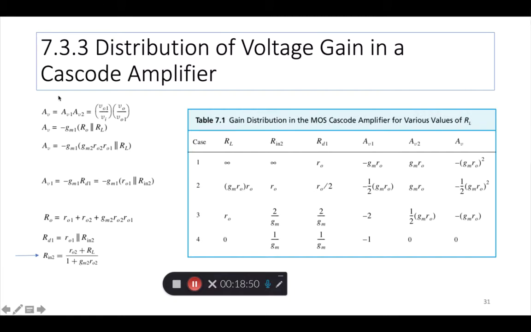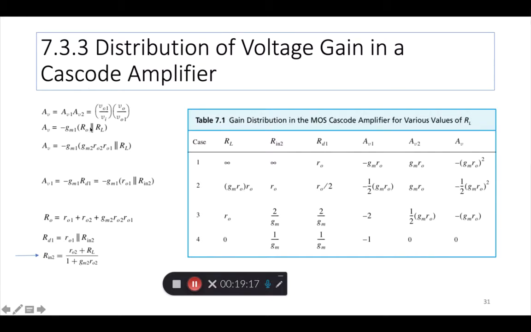Now if you know the overall gain using this, and you know the gain of the first stage, then you can find the gain of the second stage also, because they are linked like this. That's the benefit of all the time we spent on 7.3.3: we can separate out the two individual gains.